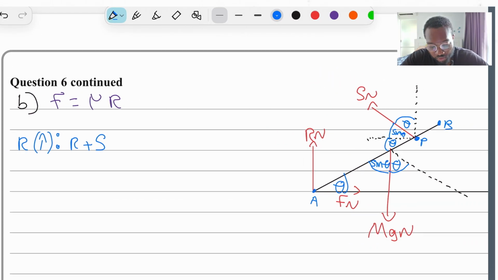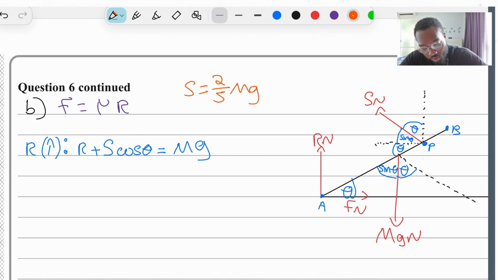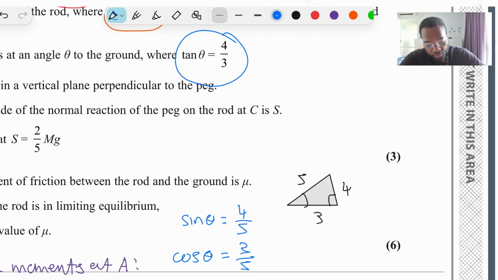We know that if we're doing the vertical direction, that will be R plus S cosine theta, and that must be equal to our weight, which is mg. And we know what S is from the previous question: S is equal to 2 over 5 mg. Let me just double check, cosine theta was 3 over 5.